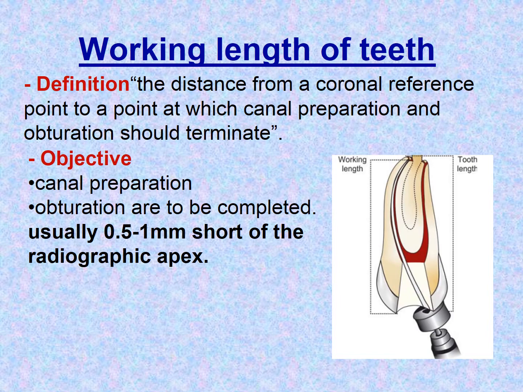The objective of working length is to establish the length of the tooth at which the canal preparation and subsequent obturation are to be accomplished. Usually, it is 0.5 to 1 millimeter short of the radiographic apex. Sometimes, the apical foramen is laterally positioned, so it should be more than 1 mm from the radiographic apex.